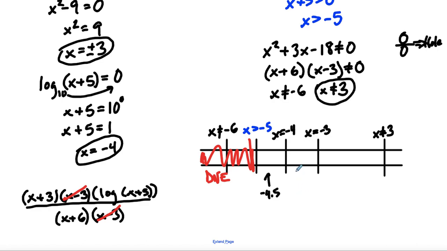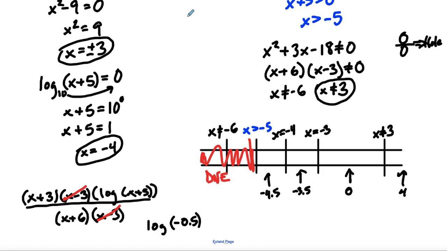If we input negative 4.5, negative 3.5, and here we definitely want to input 0. Anytime you can input an easy number like that, definitely do it. And here I can overestimate, but anything greater than 3 will work. Okay, now the hardest one to see is the negative 4.5, because really that means you have log of positive 0.5, right?